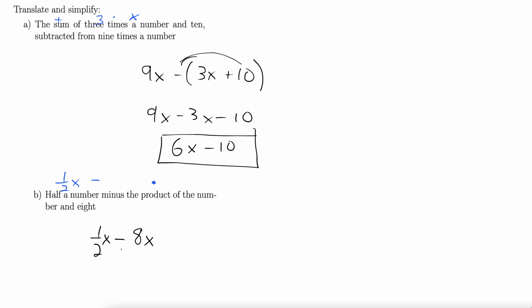And now let's just convert this to decimal form. So we have 0.5x minus 8x equals negative 7.5x. There we go.